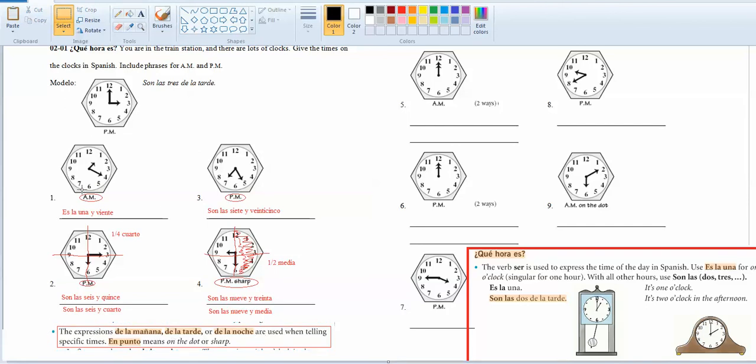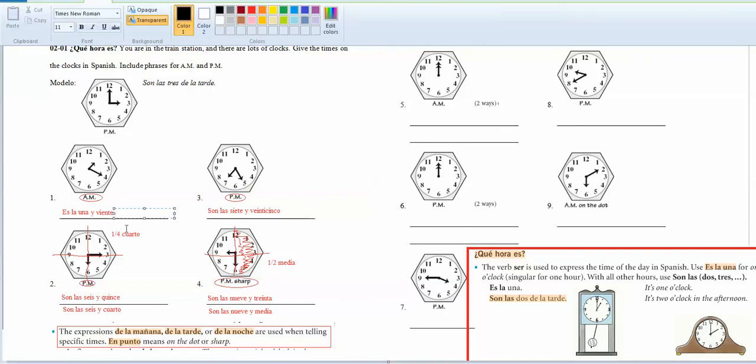So up here I've got es la 1:20. This is in the morning, so I'm going to use de la mañana. So to really finish this off, I'm going to say es la 1:20 de la mañana. Okay, that's how I say it's 1:20 in the morning, as opposed to 1:20 in the afternoon.